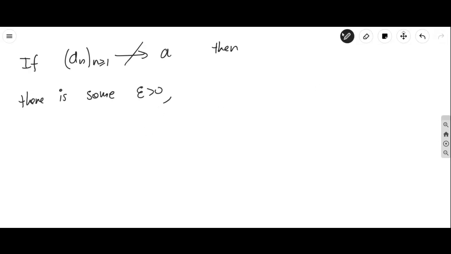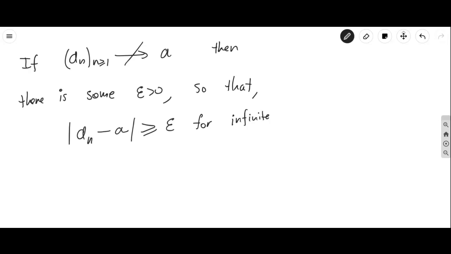So there is some epsilon so that an minus a is bigger than or equal to epsilon. And here's the part that you have to be very careful about. Instead of saying almost all, you would rather say for infinitely many n. Sometimes people say infinitely often.